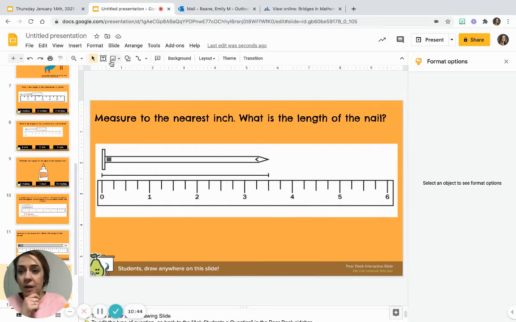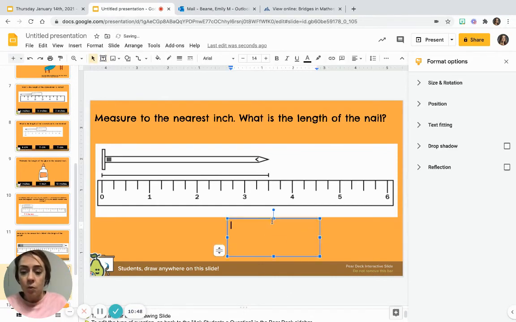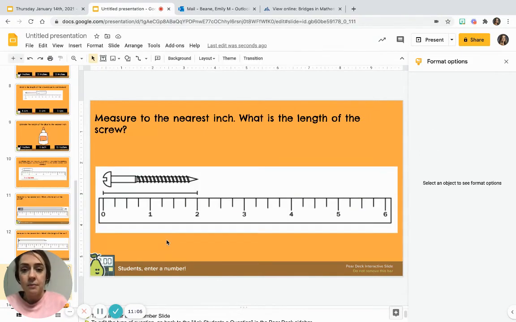So I'm going to do that right now. You would show it by going 1/2, and you do it littler than you do the other numbers. So the length of this nail is 3.5. All right, let's keep going.